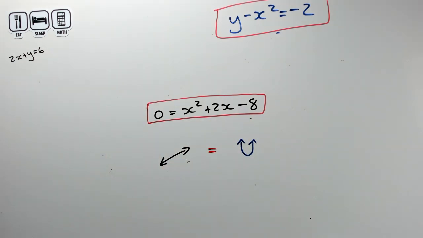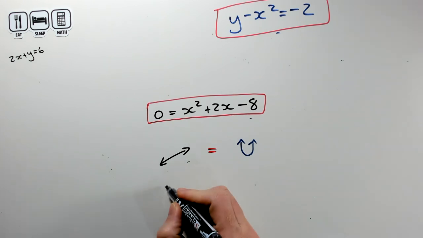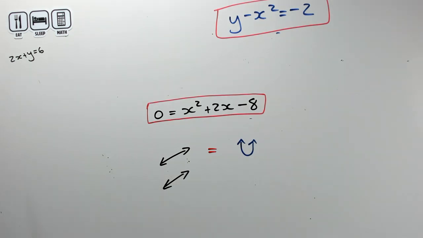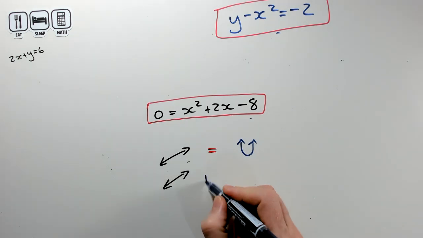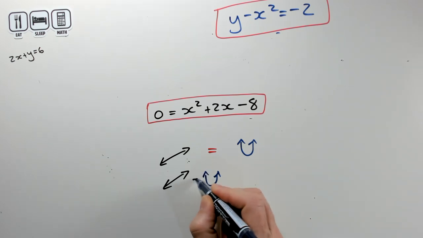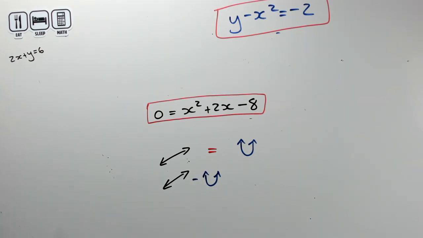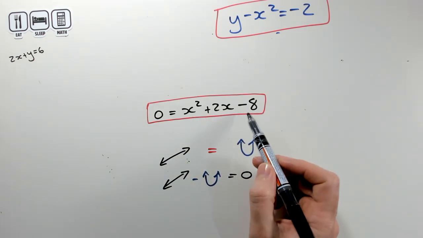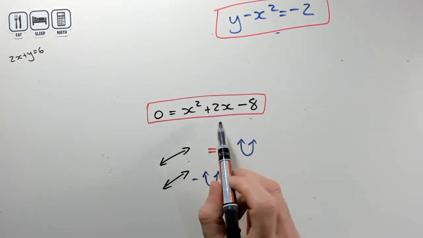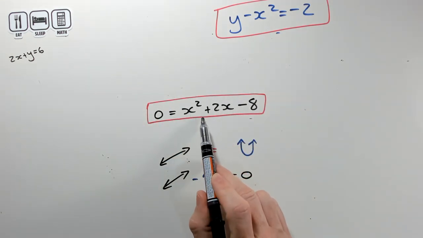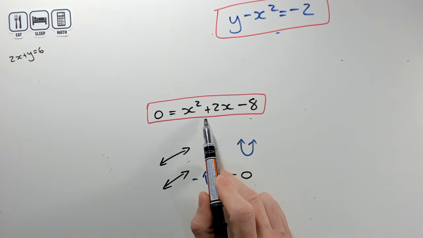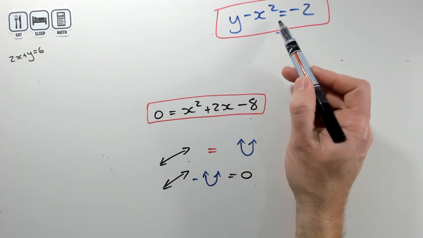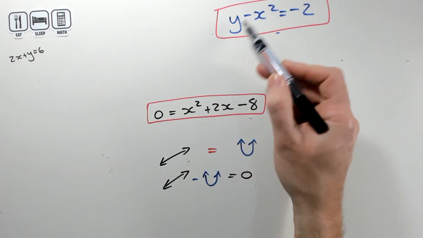Sorry, this is very visual, but then I would have combined these two. Obviously, this would have been now negative, and then that would be equal to 0. And this is what we have here. We have a function that's combined. This has a parabola inside and a straight line inside, but they only gave me the parabola.